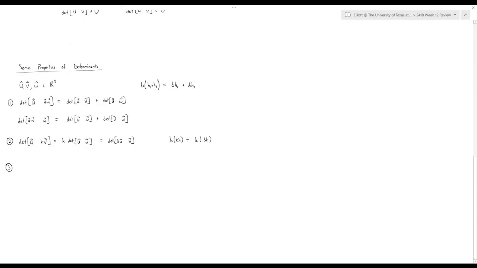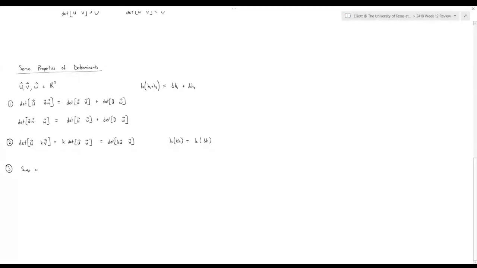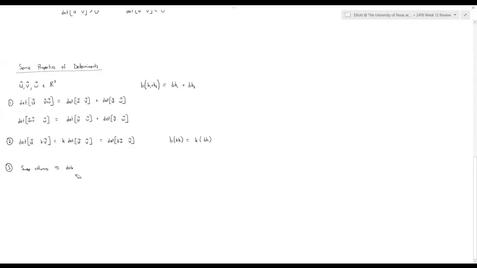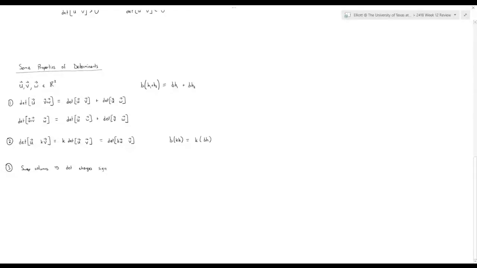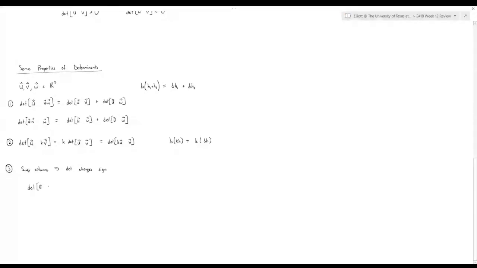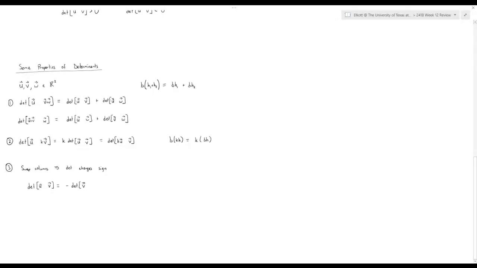Third property: if you swap the columns, the determinant will change sign. So the determinant of the matrix with columns u, v will be the opposite of the determinant of the matrix with columns v and u, with the columns swapped.